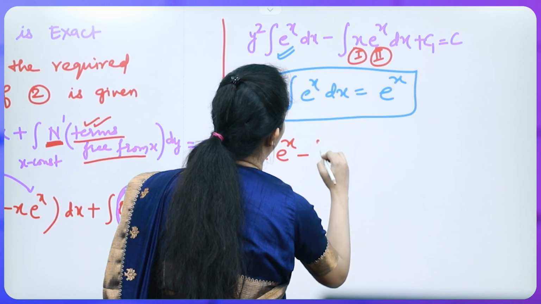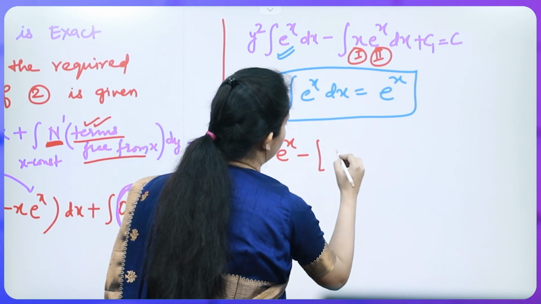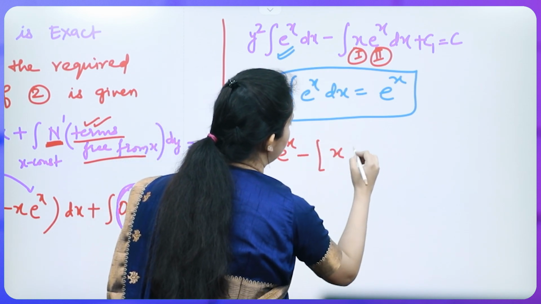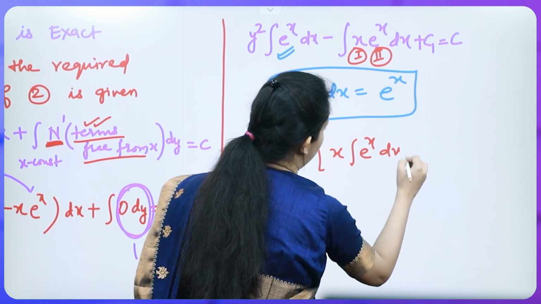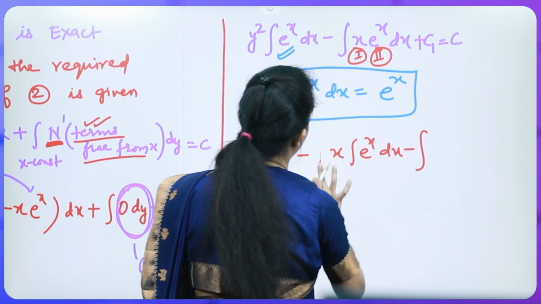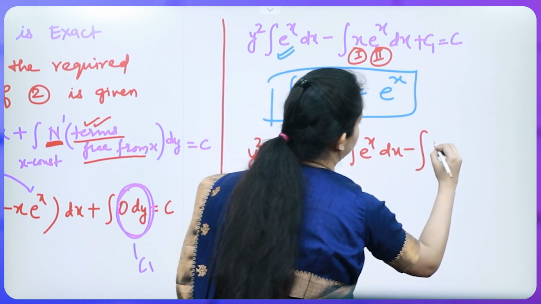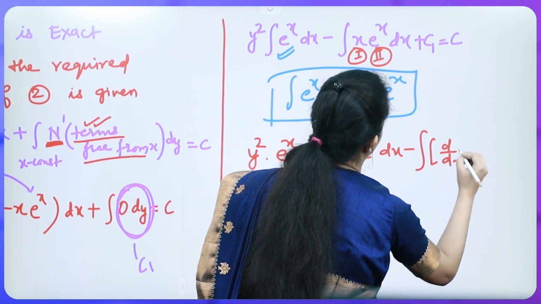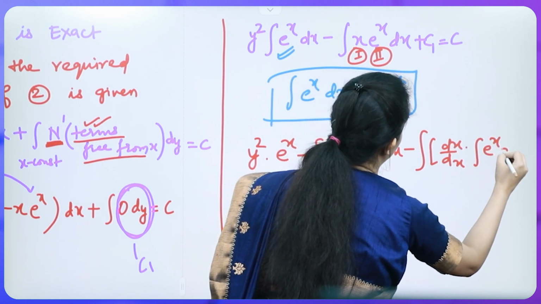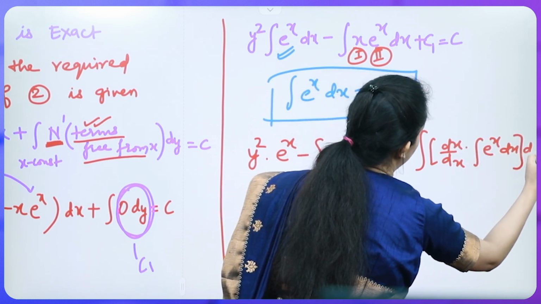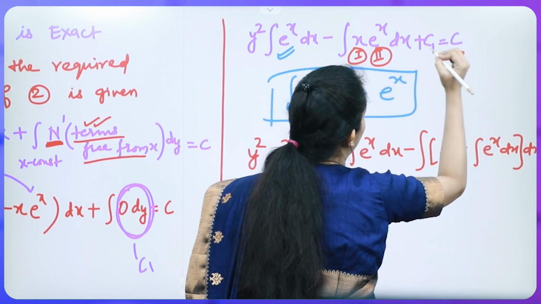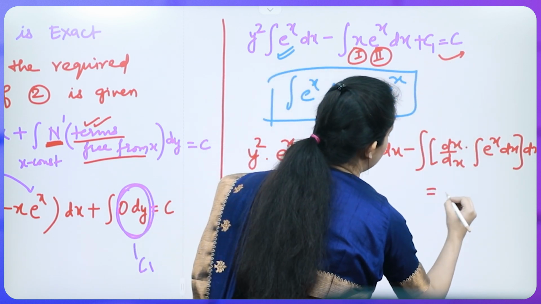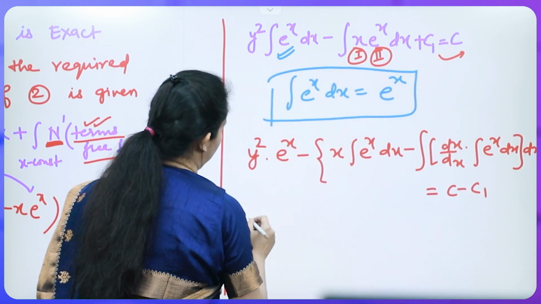According to integration by parts, the first term is kept as it is, integration of second, minus the whole integration of differentiation of first multiplied by integration of second, dx. And this c1 can be shifted to the right hand side, so we have c - c1.